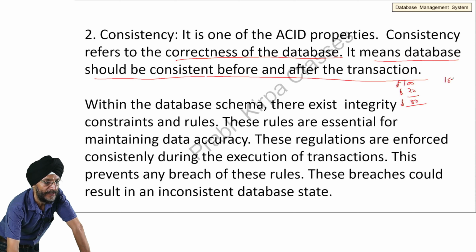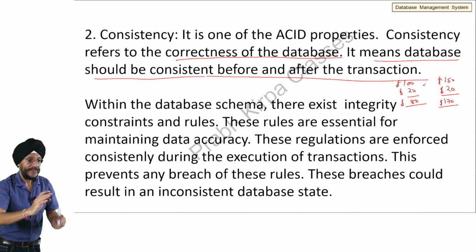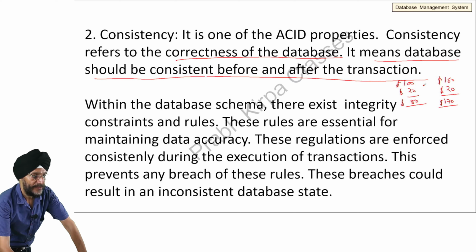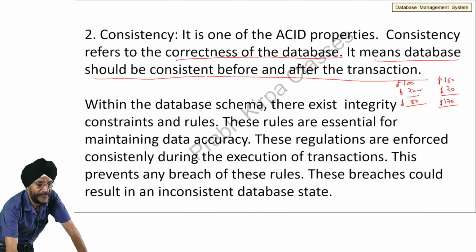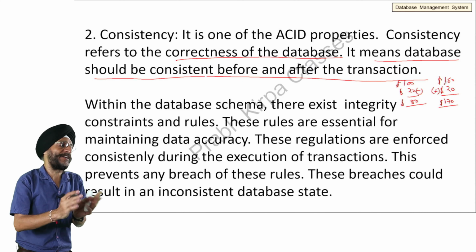On the other hand, if your friend is having $150 and you send him $20, the balance should be $170. That is, here the database is correct. That is, here $20 has been debited and here $20 have been credited.